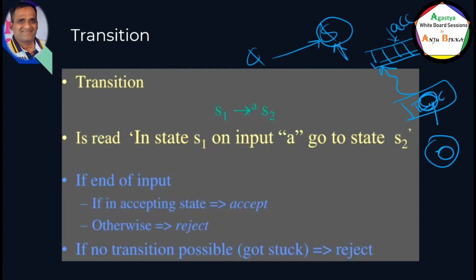Whenever the dollar is reached and the finite control ends up in a non-final state, then the input string is rejected. This is the meaning: if the end of the input, the dollar, is reached and it is in an accepting state, the final state, it is accepted, otherwise rejected. This is the meaning of accepting and rejecting.